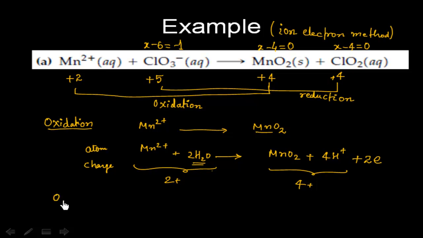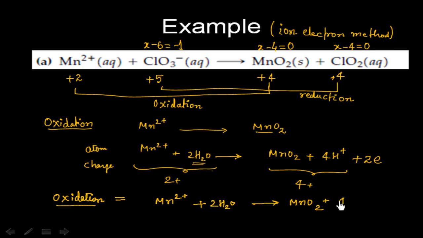So we have balanced the oxidation half, and the oxidation half is basically Mn2+ plus 2H2O, and this gives you MnO2 plus 4H+ plus 2 electrons.